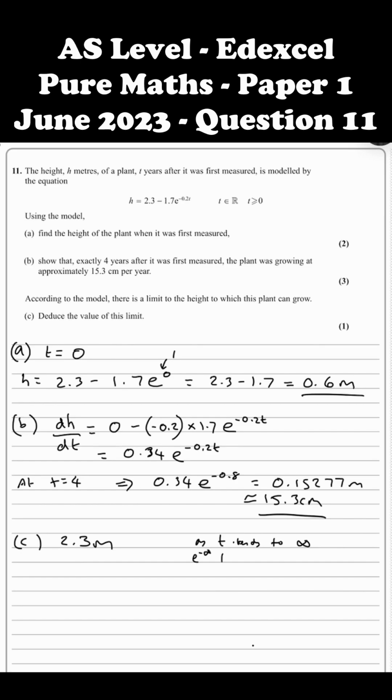Therefore, h tends towards 2.3, as this bit here would just be 0. And that's the question done.